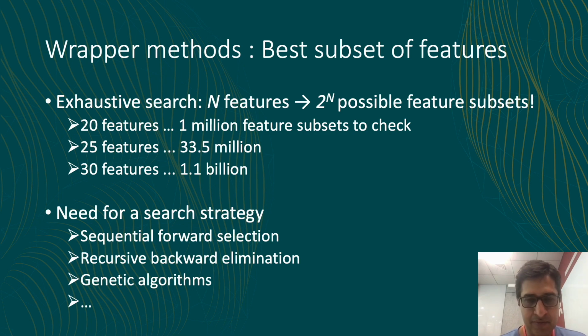You can't think about training a billion models and then trying to figure out which one is best out of those. So typically, greedy algorithms are applied to figure out the features on which you should build your model. You could, for example, think about a sequential forward selection method, a recursive backward elimination method. You could use GAs and similar methods.